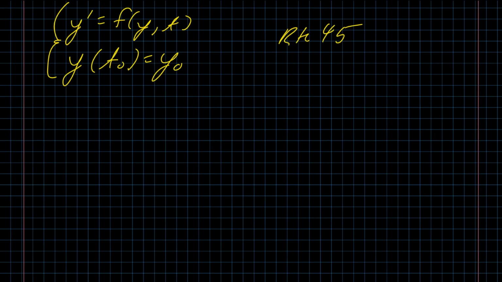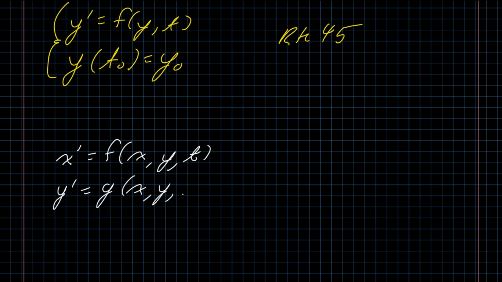And now, if you're thinking about a system of differential equations and a system of initial value problems, now we're looking at something where we have x prime equals f of x and y and t, and y prime equals g of x and y and t.